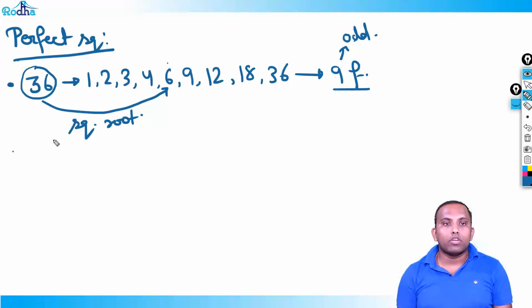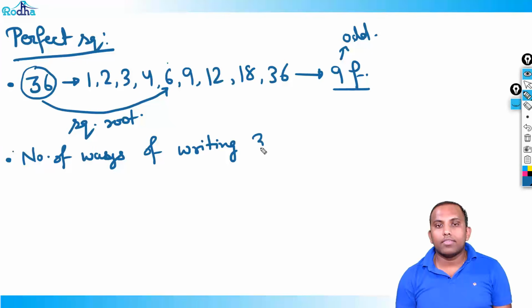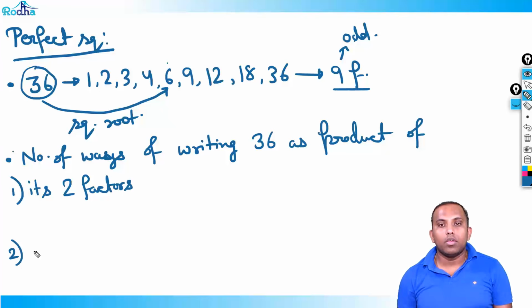So let's come back to 36. I can write here: number of ways of writing 36 as a product of. Now there can be two questions here. Question 1: product of its two factors, and question 2: product of its two distinct factors.